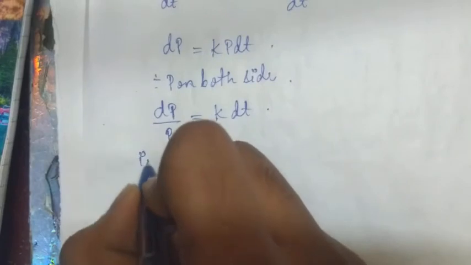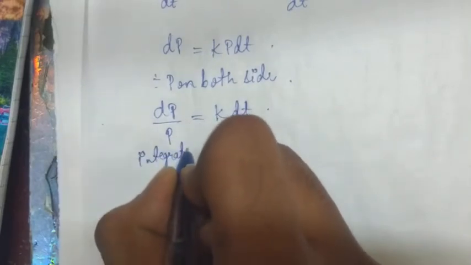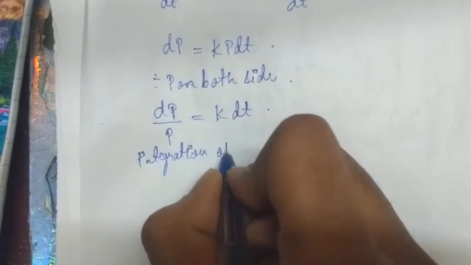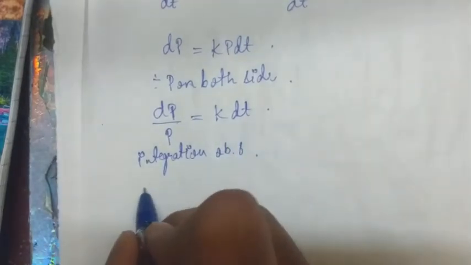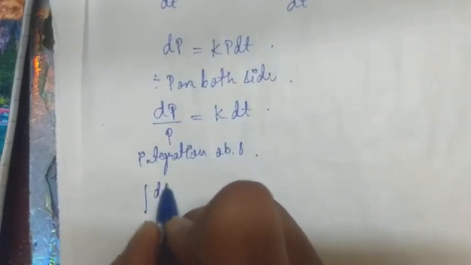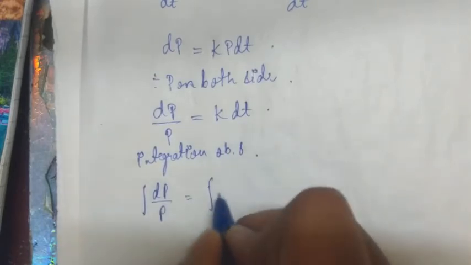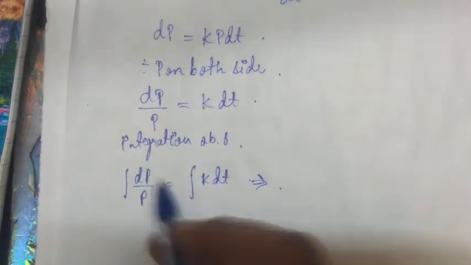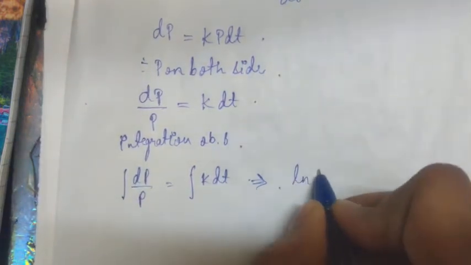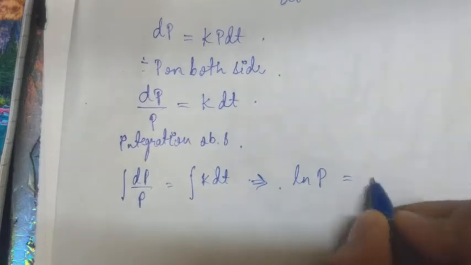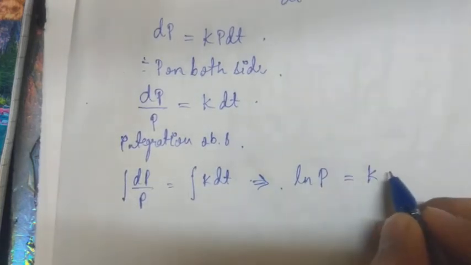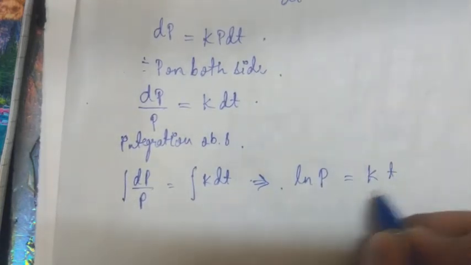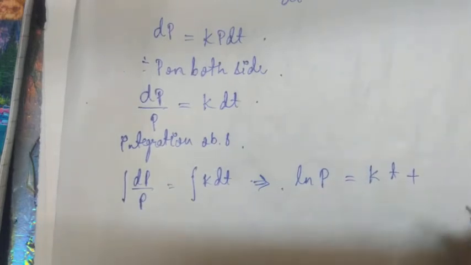Well, let's integrate this. Integration on both sides, we get integral of dP by P. Let's write it down first. So this will be log P, which is equal to k, and if we apply integration with respect to t, we get kt, and let's take the integral constant as a.